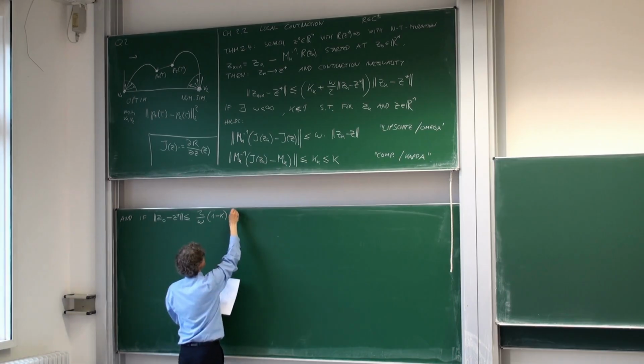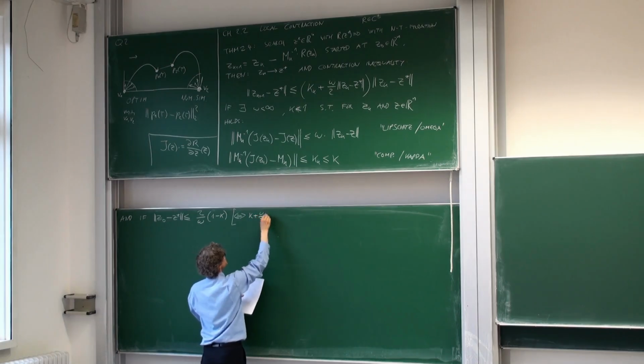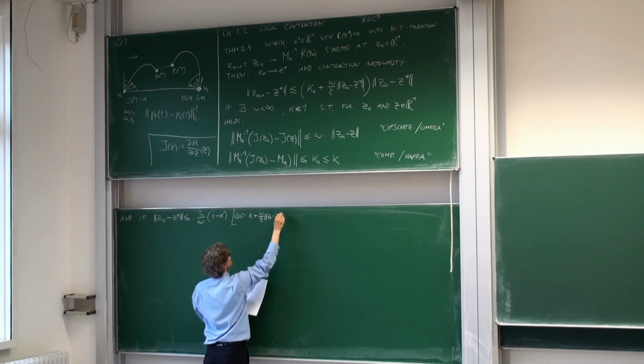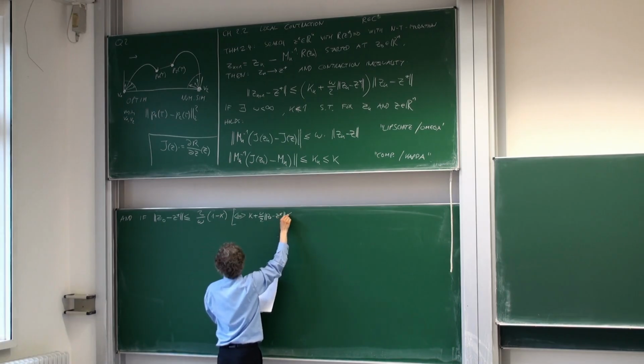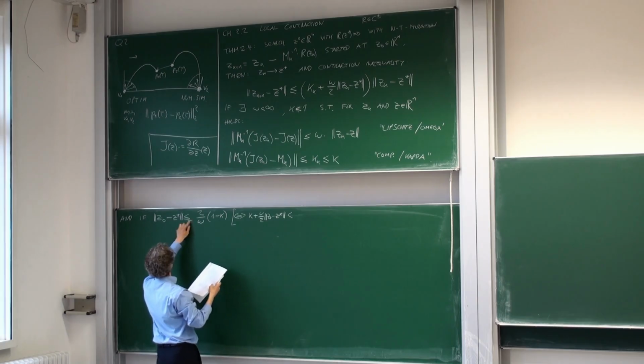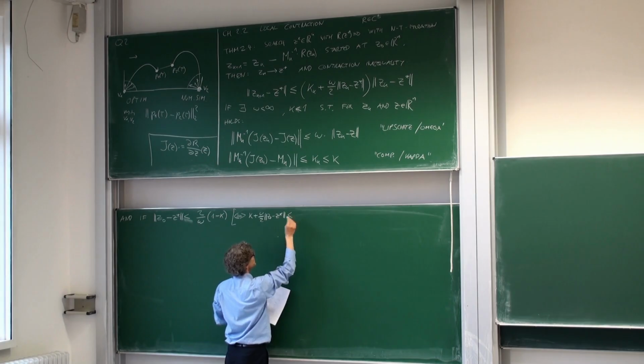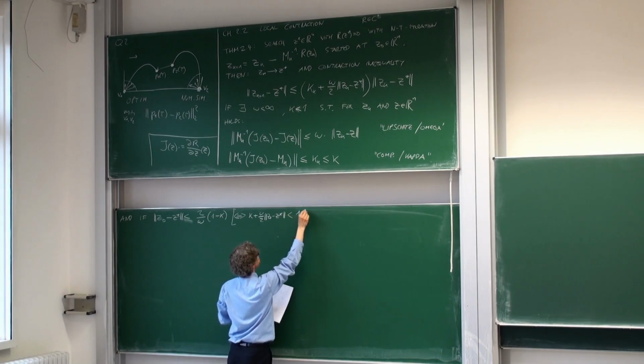So maybe I should state what this means. It means that kappa plus omega half times z0 minus z star is smaller, I need not an inequality but only a strict inequality, smaller than 1.